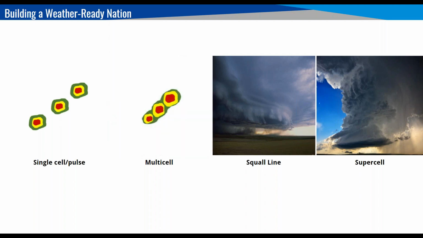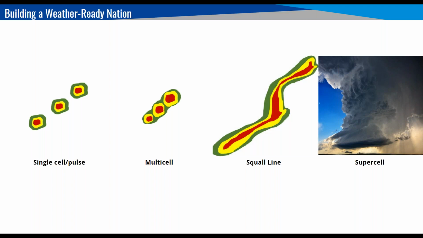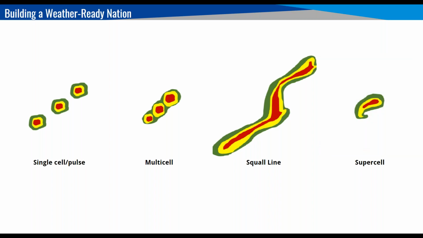Your multi-cell clusters, as we refer to them, are generally where training of thunderstorms may occur as well. Then you have a squall line. This one often appears across portions of the Missouri Ozarks region. And lastly, your famous supercells, ones with the little hooks on the back edge of them.